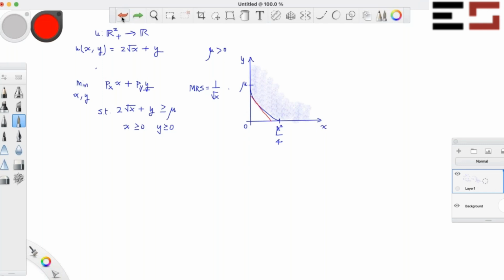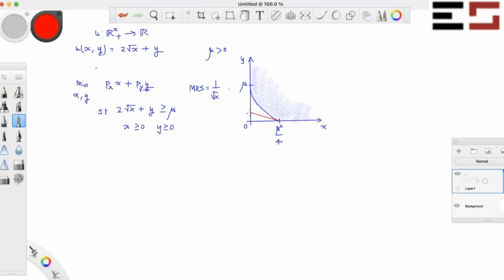Now we'll have to figure out under what conditions we are going to get this point as a solution, and under what condition we are going to get this point as a solution. That would depend on whether the slope of the ISO expenditure curve is flat enough.